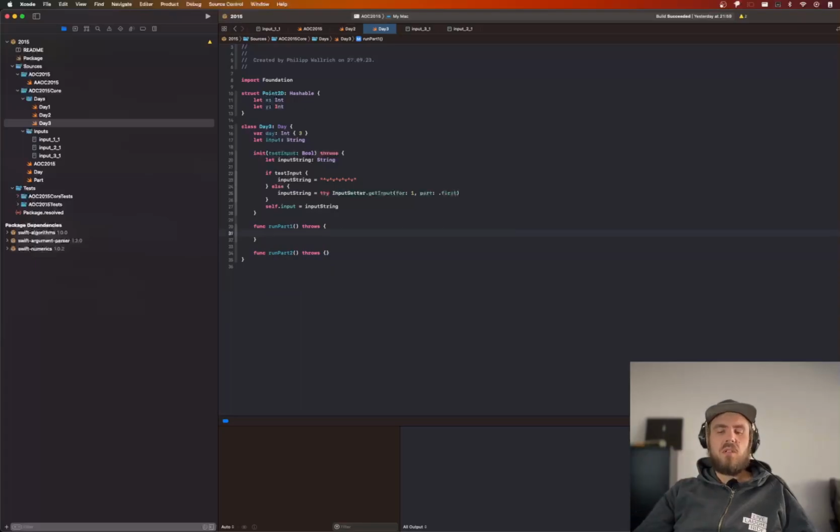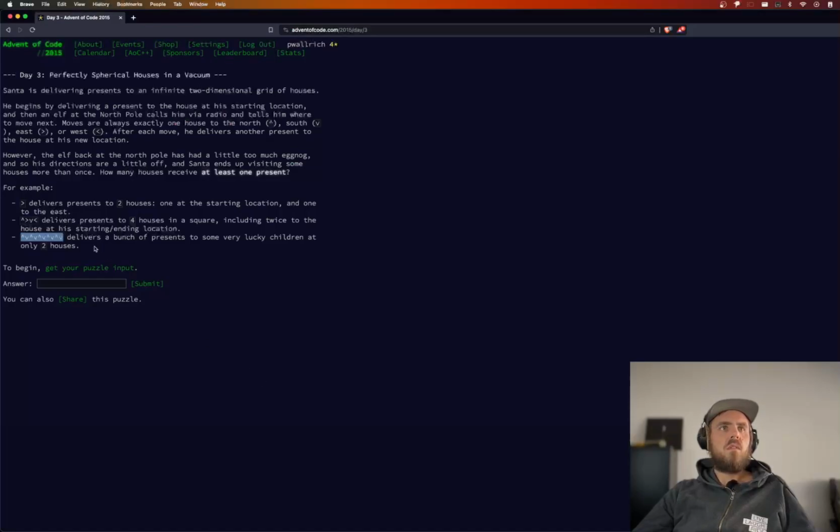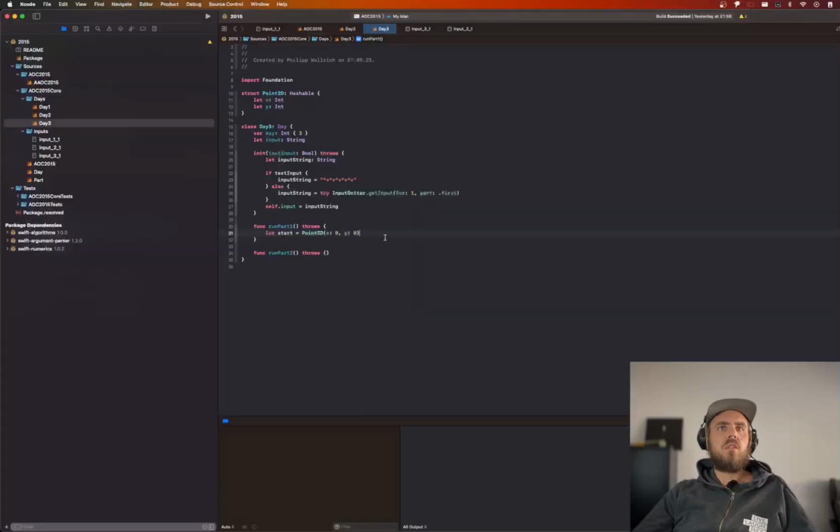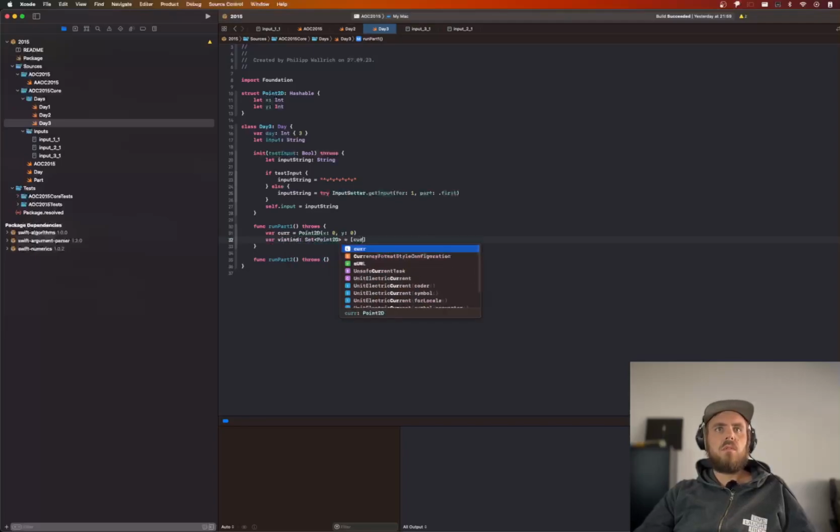Okay, so start at Point2D 0,0. A starting location, it always delivers at the starting location. Okay, so we need a visited set of Point2D to occur.